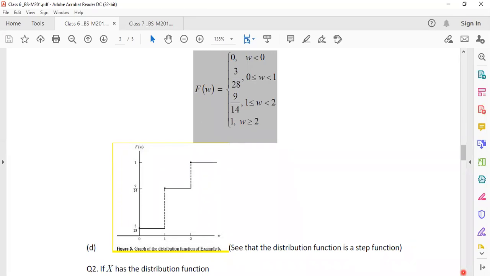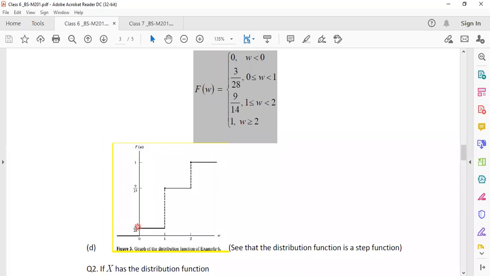When W is less than 0, that means you are considering the negative side of the horizontal axis. Nothing is there, no points, no probability or distribution function values. When W is lying between 0 and 1, at the point W equal to 0, probability is 3 by 28. Distribution function is also a kind of probability, because it is either the probability or the sum of that.